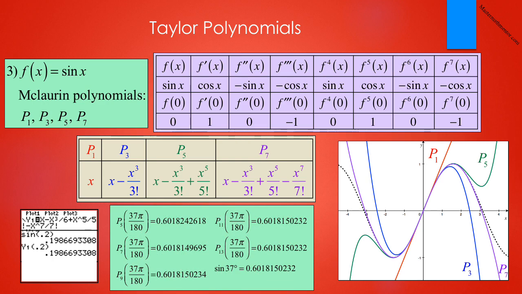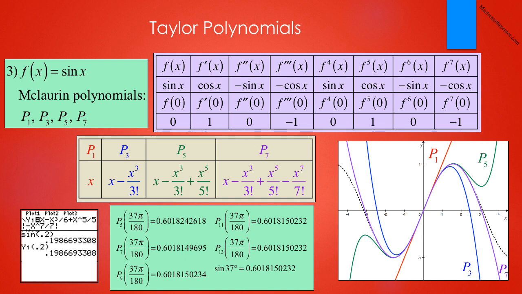So starting where we began, to try to take the sine of 37 degrees, we look at P5 of 37 pi over 180, because 37 is in degrees and this function uses radians. And we get an answer.